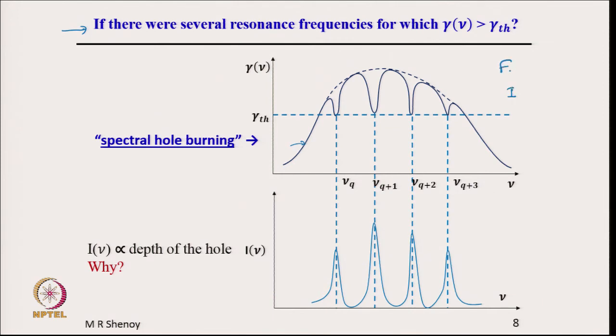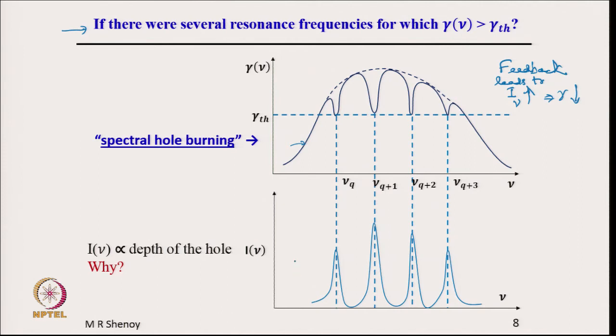Because of the feedback, I nu builds up, increasing, and as I nu increases, this implies gamma decreases, and therefore, at each mode. In the previous slide I discussed one particular oscillating mode, but now the resonator supports more than one oscillating mode for which the gain is greater than loss.